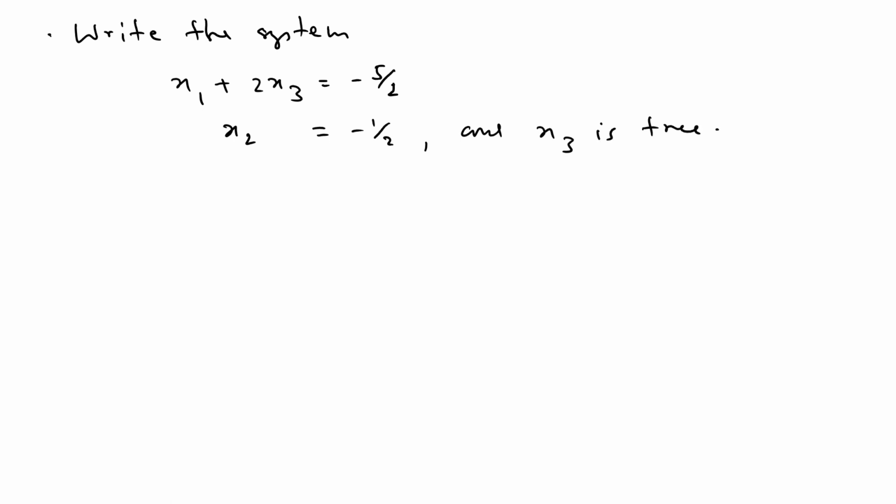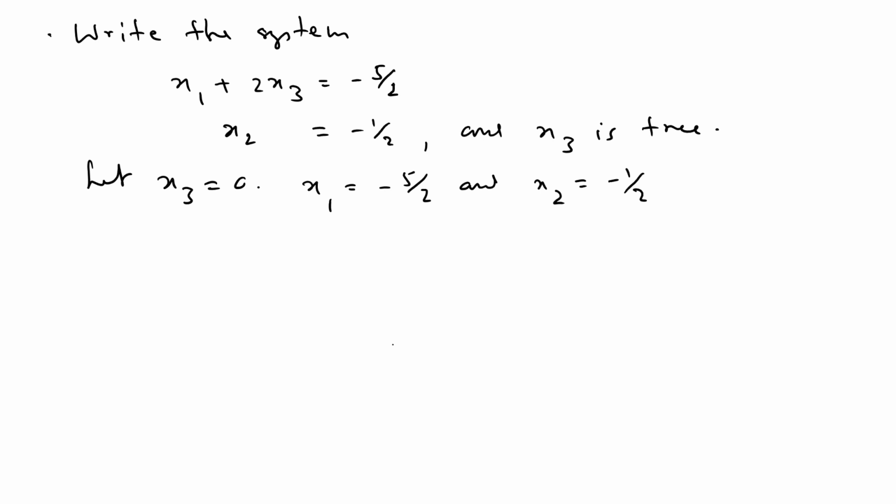So for the free variable we can pick 0. Let x3 equal 0. If you pick x3 equals 0, then x1 becomes -5/2, and x2 becomes -1/2. So that means we have all the numbers.